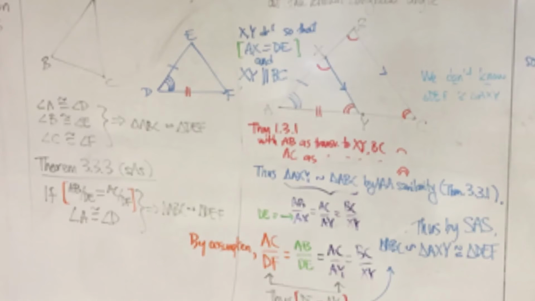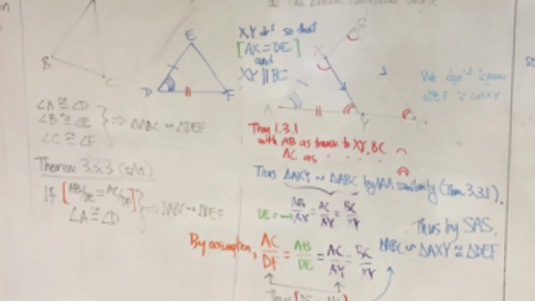And now the triangle DEF is congruent to the triangle AXY because we have side, angle, side congruency. So we now know that AXY really is a congruent copy of DEF inside of our bigger triangle. And since we justified why AXY is similar to ABC, that also means that its congruent copy DEF is similar to ABC.